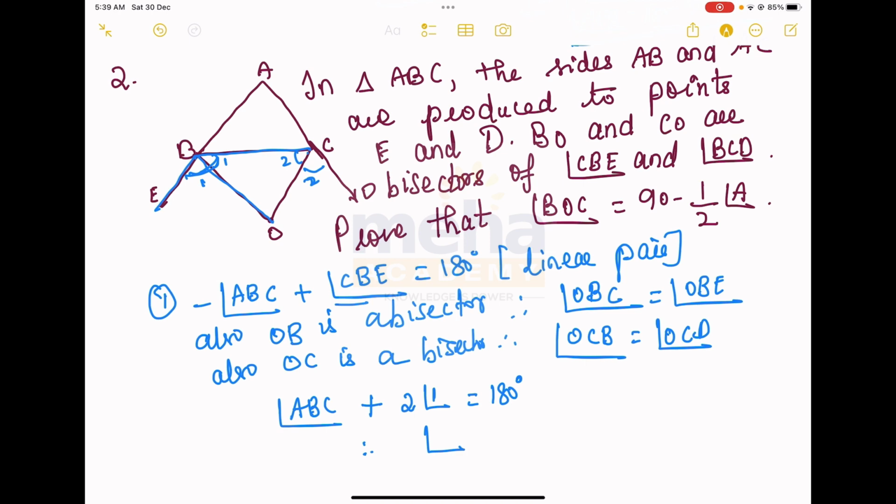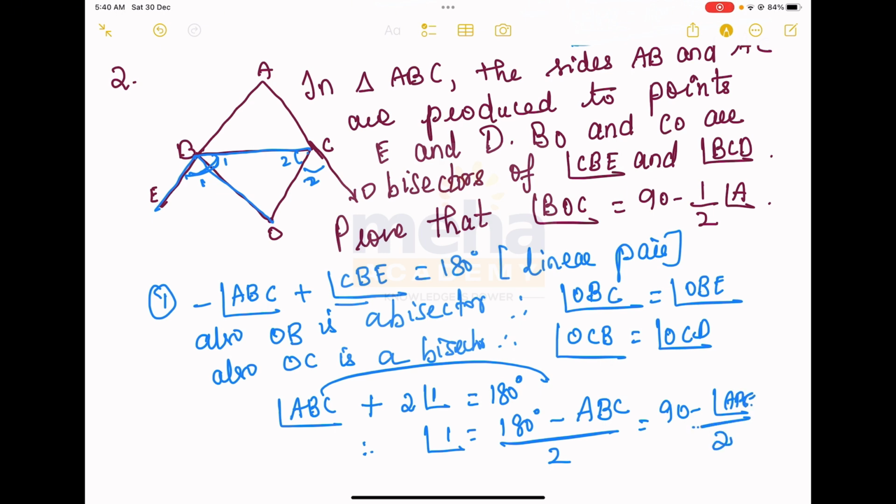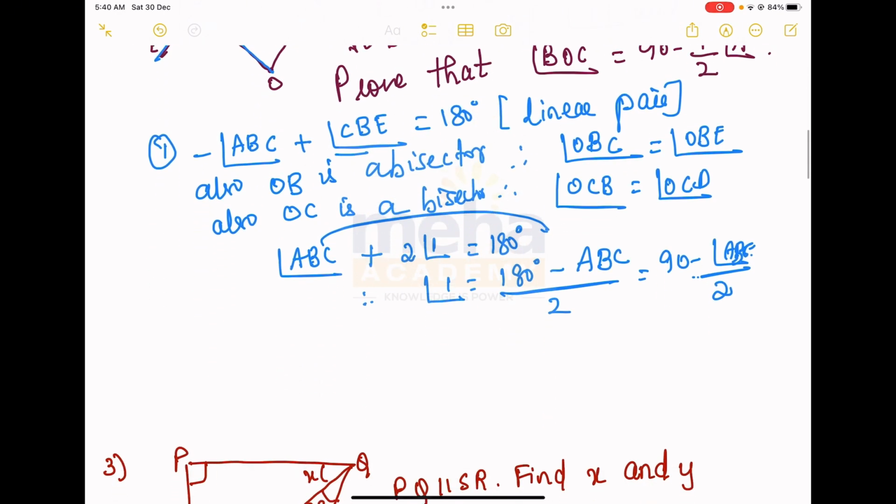Therefore, angle 1 will be equal to 180 minus ABC divided by 2, that would be 90 minus angle ABC over 2. Let us keep this as equation 2.